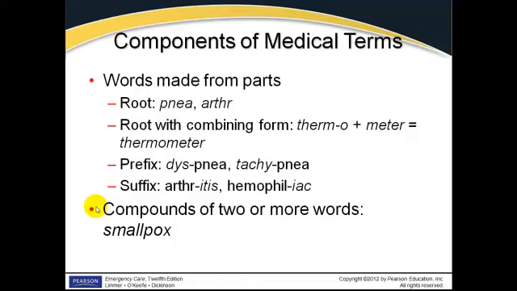Sometimes you just jam 2 words together to make a medical term, like the virus smallpox, as opposed to cowpox or chickenpox. It's smallpox because the pustules that you get from the disease smallpox are really small.